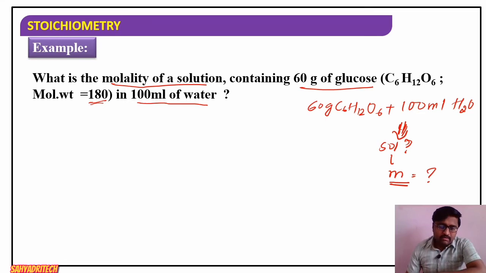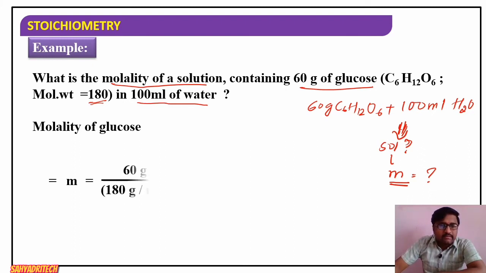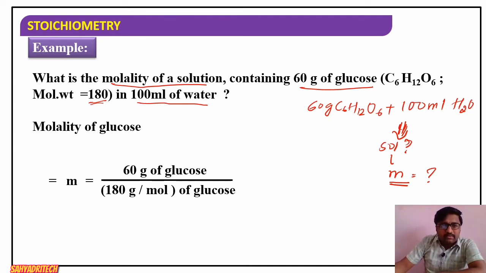Now we know the formula for molality, right? So molality of glucose solution, small m, is equal to, general formula we know: weight W divided by gram molecular weight into 1000 divided by weight of solvent, or mass of solvent in gram.